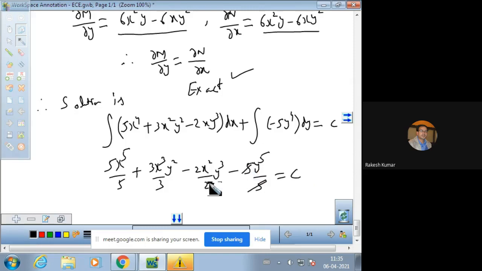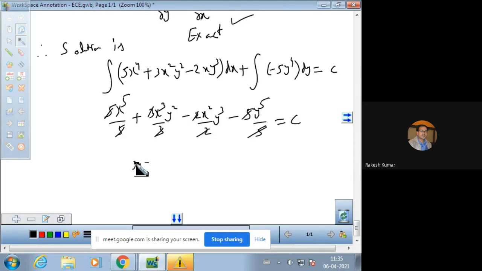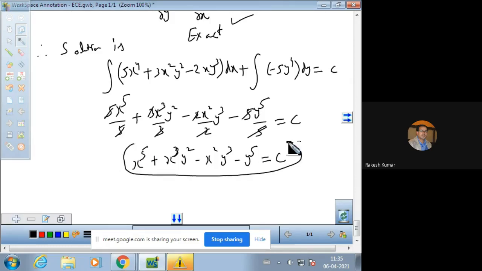Now 5 is cancelled, 2 is cancelled, 3 is cancelled, 5 is cancelled. So it comes out to be x5 plus x cube y square, minus x square y cube, minus y5 is equal to C. So this is the required solution of the given differential equation.